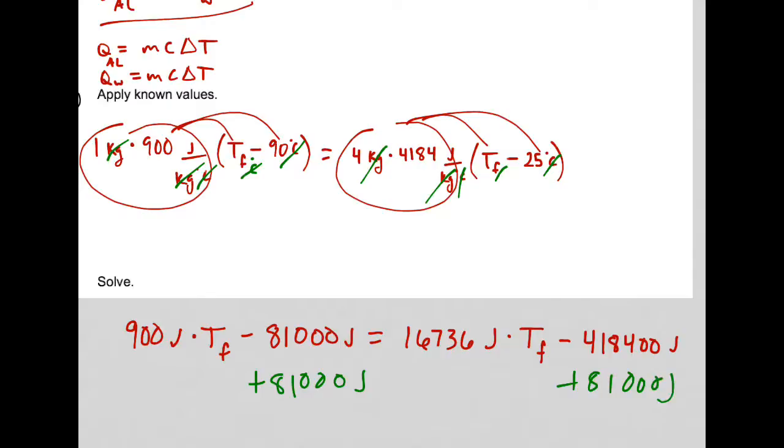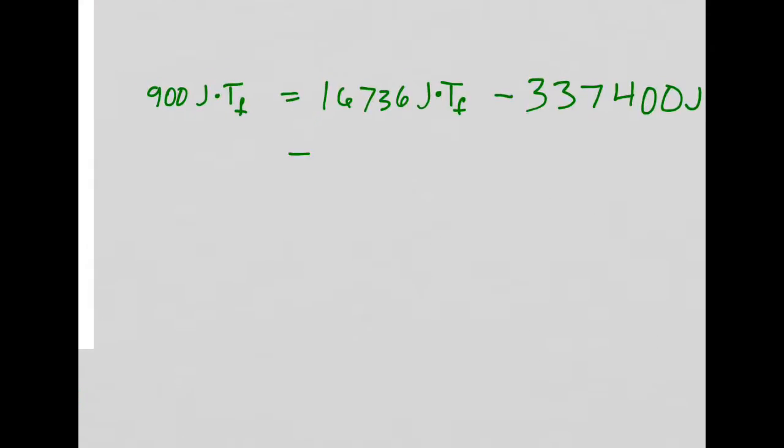Then I'll rewrite the next part, and I'm going to subtract 16,736 joules times T sub F. These are like terms, so I'll have a negative energy over here and a negative energy over here, so that makes sense. Then we'll divide, and we'll just get degrees Celsius.